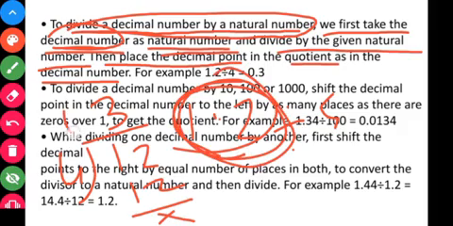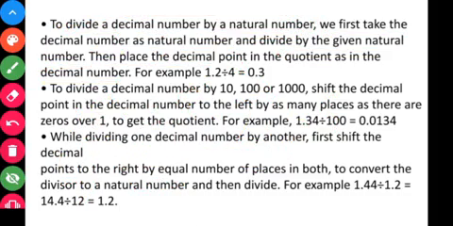So put the decimal point in the quotient at one place, because it is only 3, so this will be 0.3. Understand?